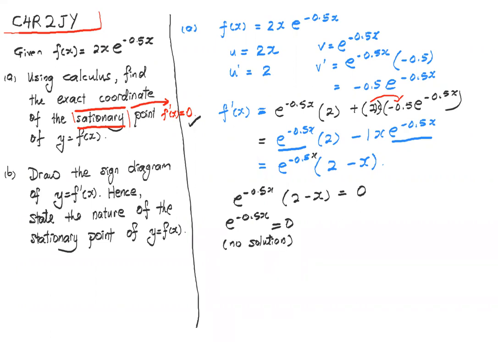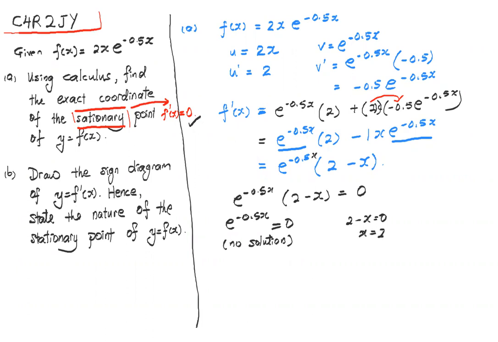The reason you don't have to give to the examiner. No solution means you can't find a value of x that will make e to the power negative 0.5x equal to 0. 2 minus x equal to 0. So my x equals 2.